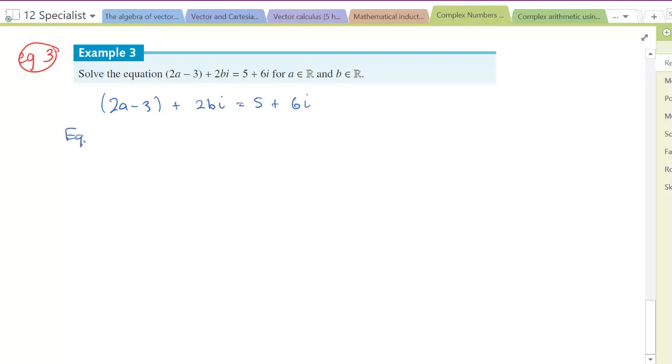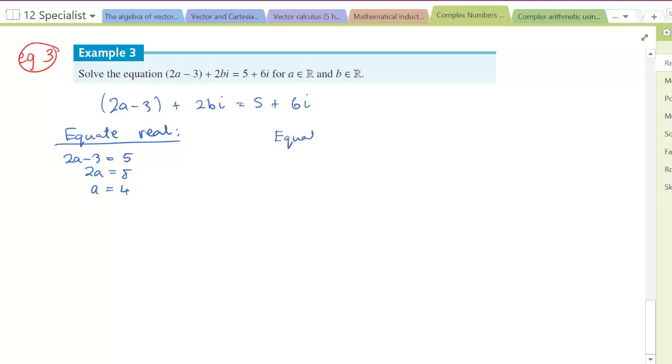We're looking to be able to equate the real with real and the imaginary with imaginary. Let's equate the real. We can say that 2a - 3 is going to be equal to 5. Now what we need to do from there is rearrange and isolate for a. So add 3 and we get 2a is equal to 8. Divide by 2 and we get a is equal to 4.